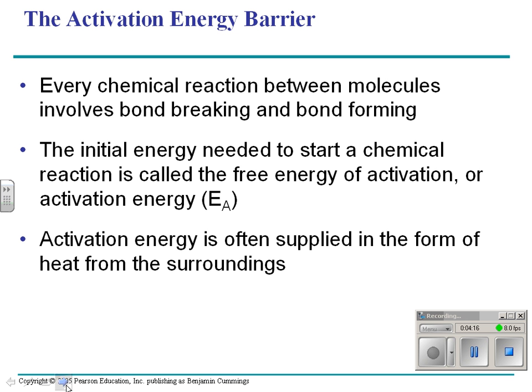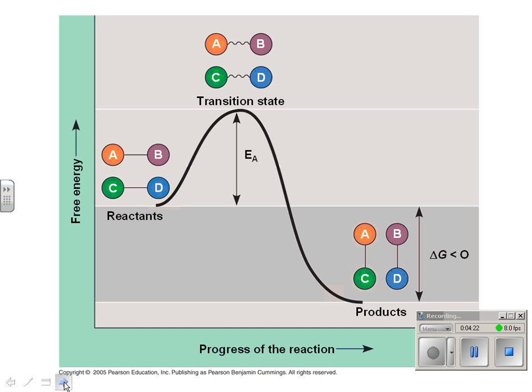Okay, there's a bunch of stuff here about what's called the activation energy, and I think it's best shown with a graph, or the idea. The idea of activation energy is the same idea as this in your book. It's figure 8.14. You might want to just jot that down so you know it. Activation energy is this idea.